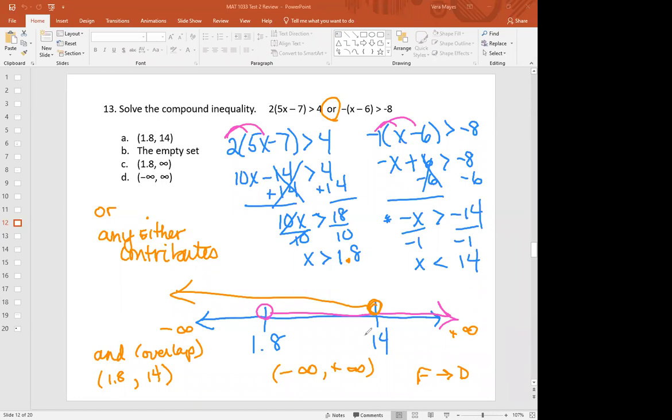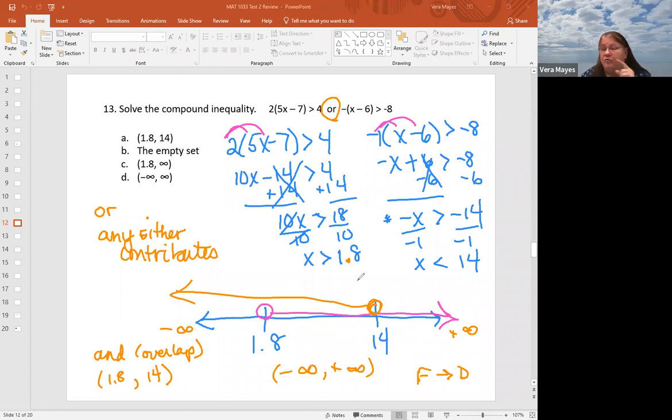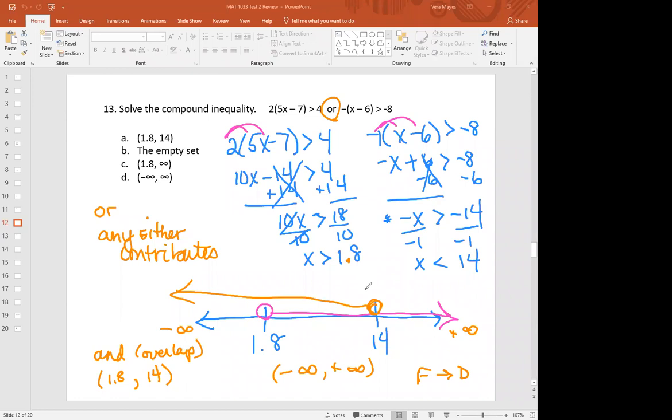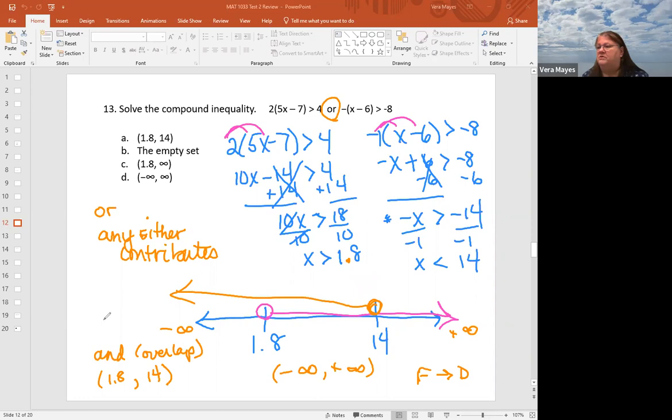There you go. Sometimes you're fortunate that you have a calculator that does fractions like that, and that's a good thing. But check the answers out, and if there are no fractions over there, go ahead and convert your fraction to a decimal. Got it, thank you so much. No problem. Any other questions on this one? All right, go to the next one then.